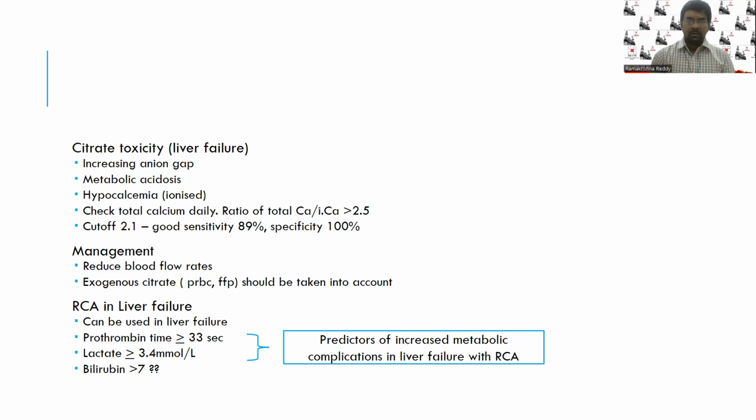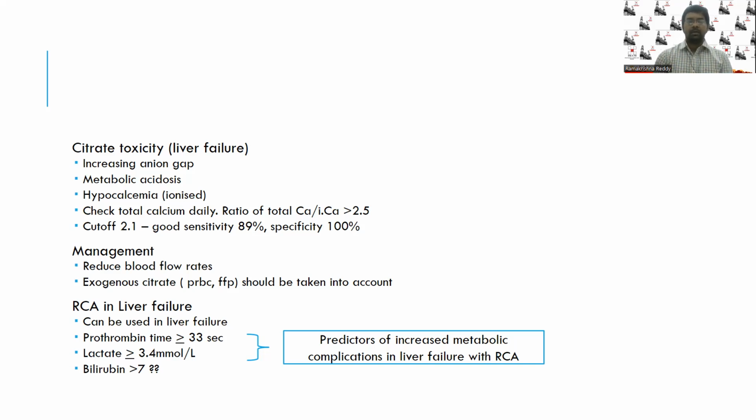Because there is a problem of citrate toxicity in liver failure, can you use citrate in liver failure? The answer is yes, it can be used, but only in mild to moderate cases. How do we identify which patients to use it in and which to avoid?